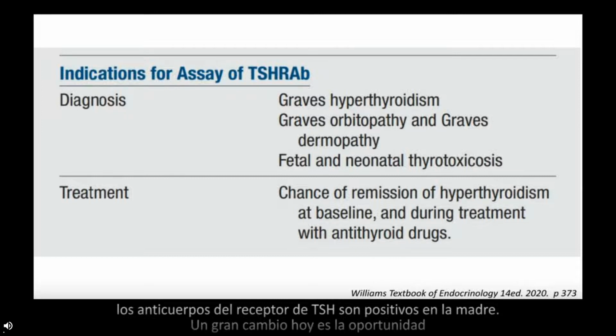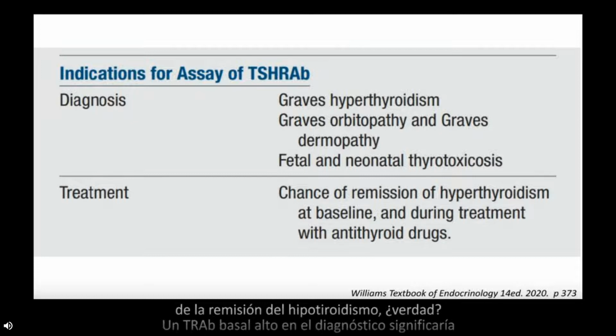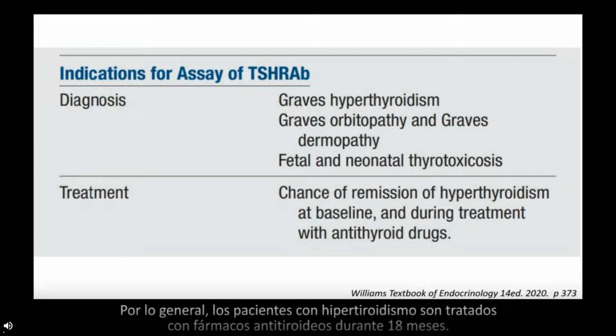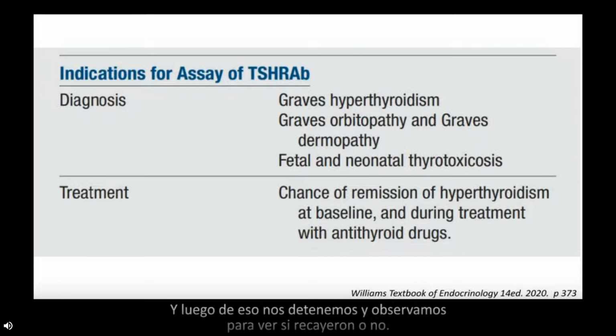A big change today is in predicting the chance of remission of hyperthyroidism. A high baseline TRAB at diagnosis would mean that remission is unlikely, and the treatment may need to be longer. Usually, hyperthyroid patients are treated with antithyroid drugs for 18 months, and then after that we stop and observe to see whether they relapse or not.